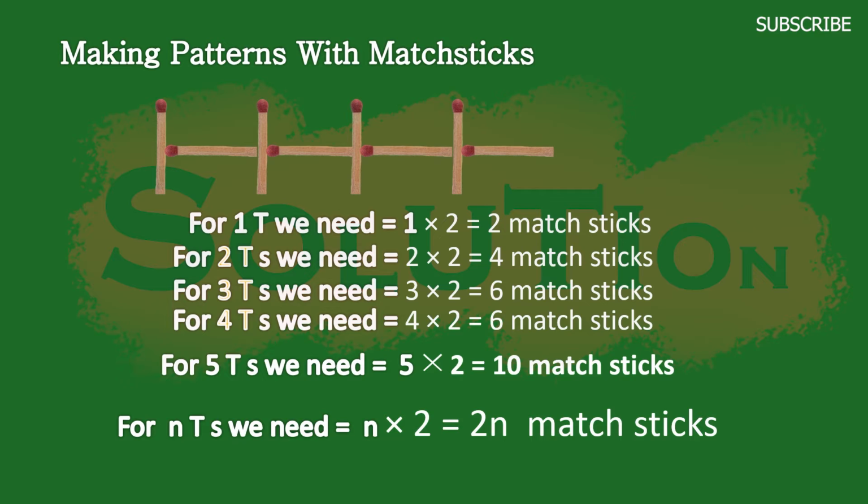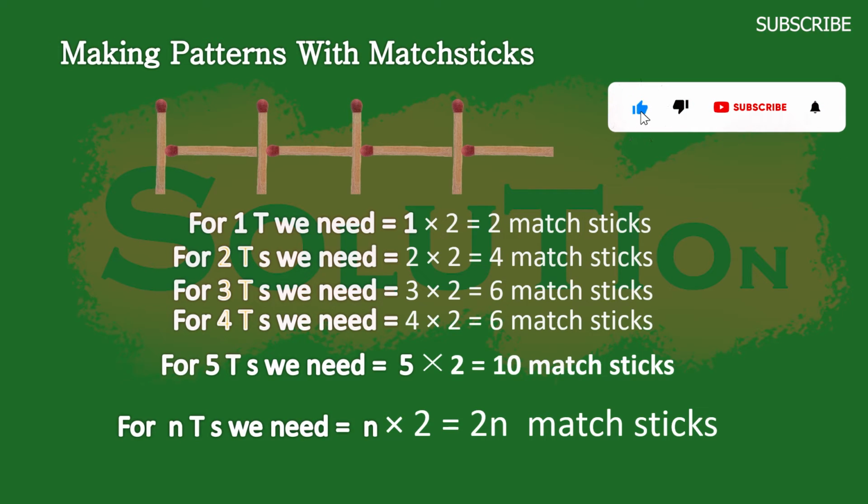So now for nT, n number of T's, n is a variable. I am taking n as a variable, and n can be any number. So if I take n T's for making the design, how many matchsticks do we need?